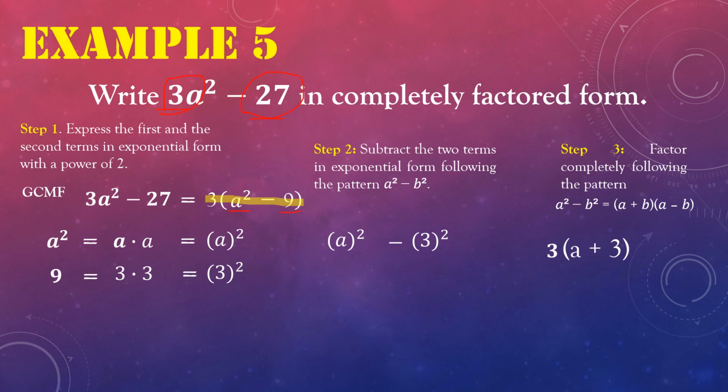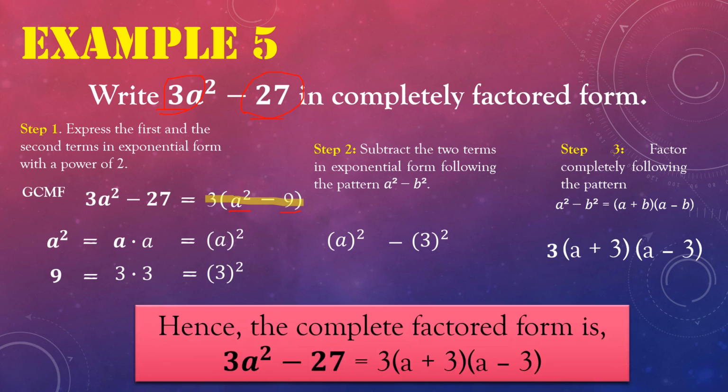Our first factor is a plus 3, and our second factor is a minus 3. Hence, the complete factored form of 3a squared minus 27 is equal to 3 times the quantity a plus 3 times the quantity a minus 3.